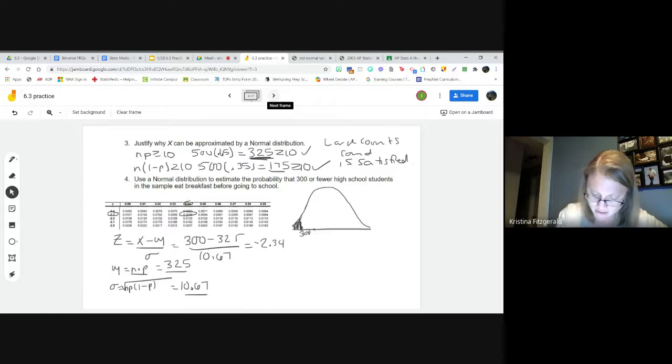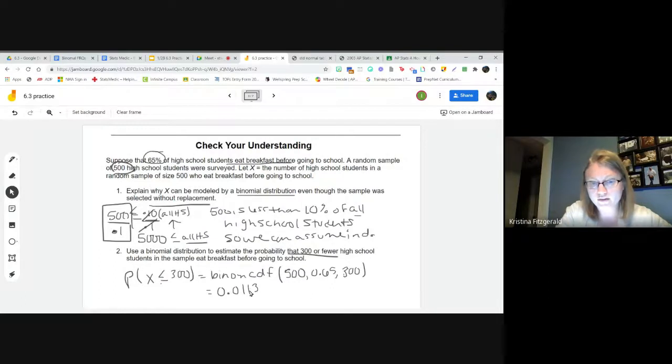So our area equals 0.0096. So we essentially have a 0.96% chance, when we use the normal distribution to approximate this, of getting 300 or fewer students that eat breakfast. That's a little bit lower than what we got using the binomial formula.